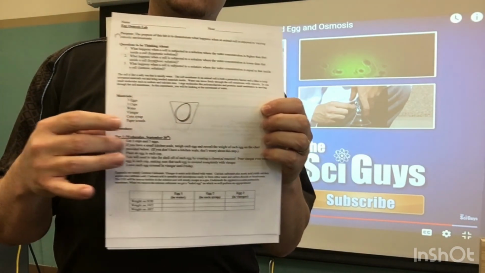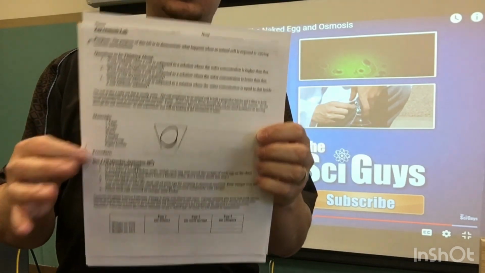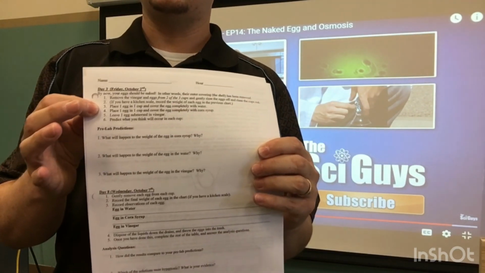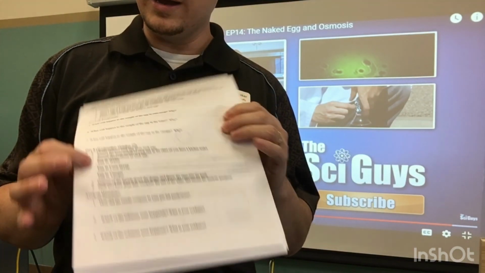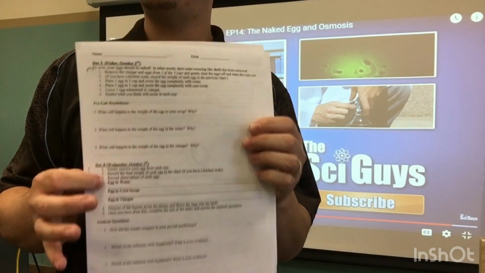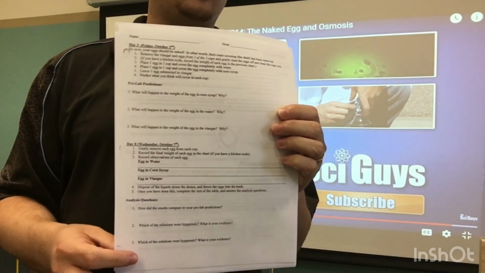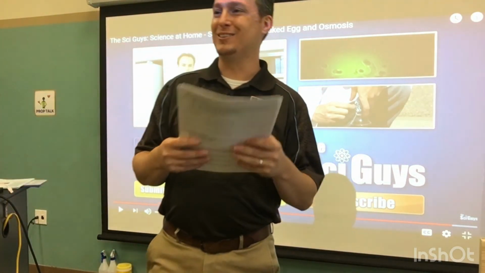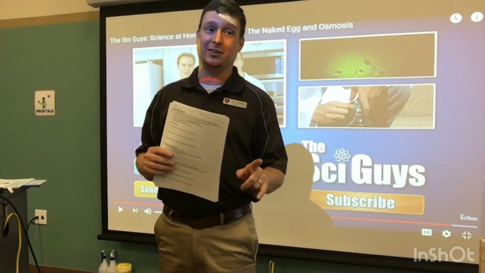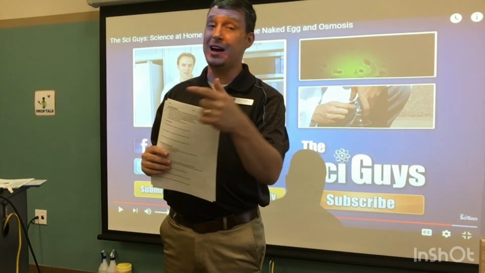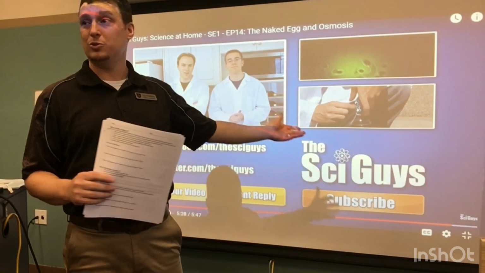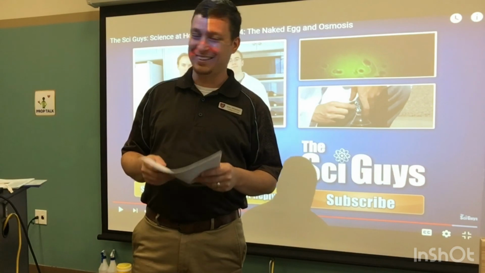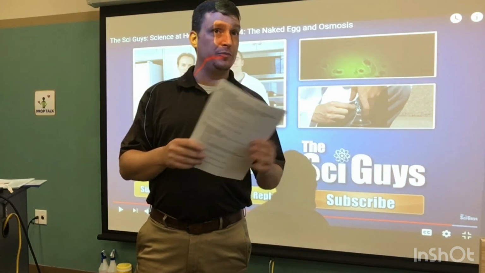You'll start it on Wednesday, then you check it again on Friday, and it tells you what to do then. Eventually you check it again next Wednesday, and finally on Thursday of next week, you turn all this in, okay? Like I said, your experiment is not exactly like what the 5th graders are doing, and it's not exactly like what you saw on the screen, but it's your own egg experiment. Do we get to pick the liquids? Nope, they're selected for you, okay?